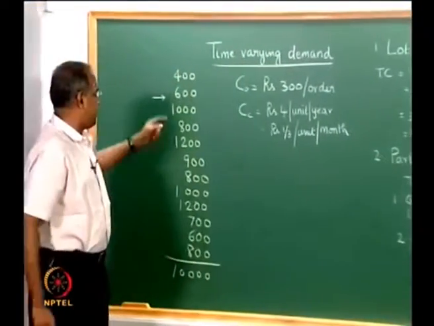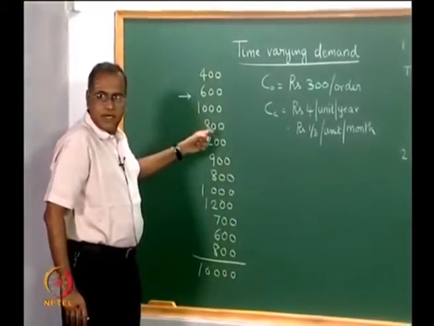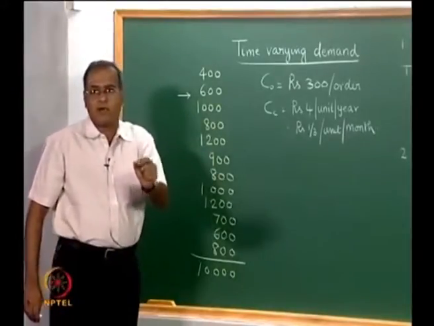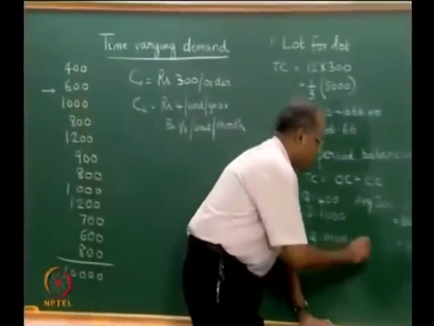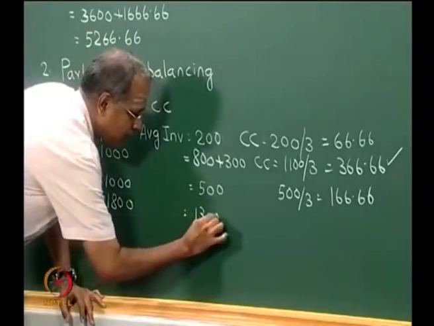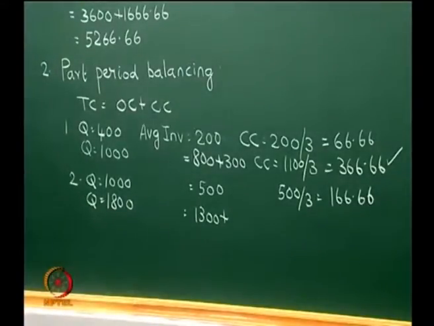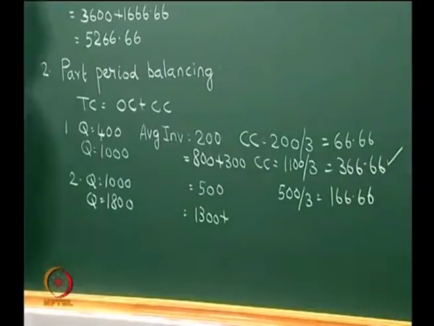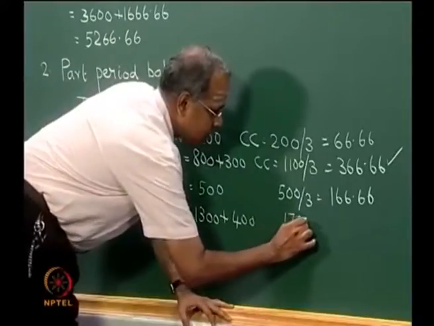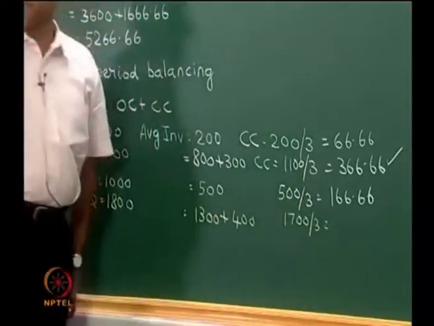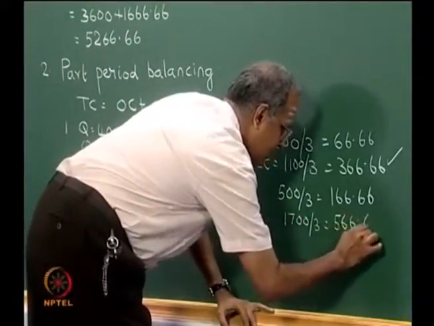In the first period we begin with 1800 and end with 800, so 1800 plus 800 divided by 2 is 1300. For the second period we start with 800 and end with 0, so plus another 400. This is 1700, and 1700 divided by 3 is 566.66.